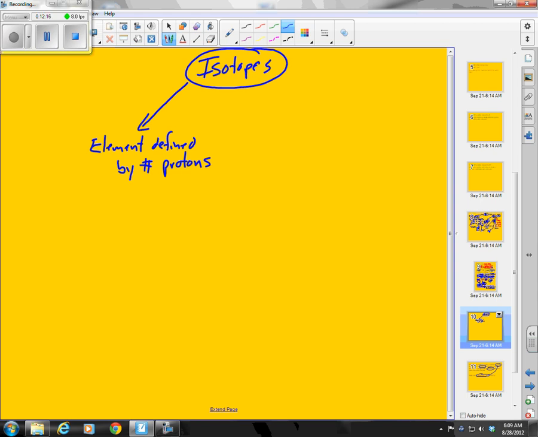But what if it has 6 neutrons? It's still carbon? Yes. What if it has 7 neutrons? Still carbon. What if it has 8 neutrons? Still carbon. As long as it has 6 protons, it's carbon. So we can have a situation, and we'll look at carbon, where you can have carbon 13, carbon 14, and carbon 12. In each case, I have 6 protons.